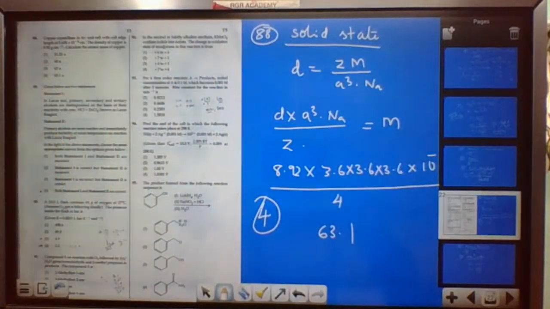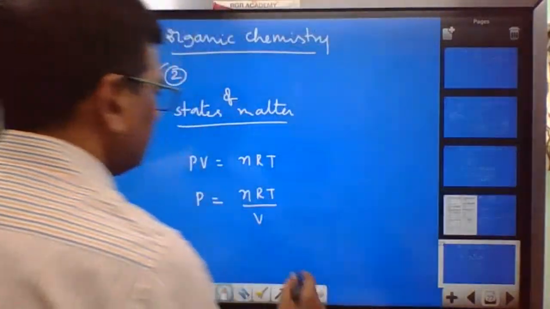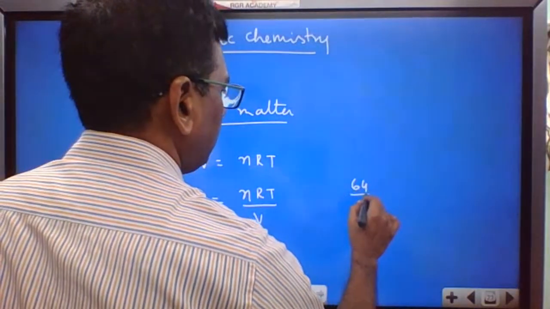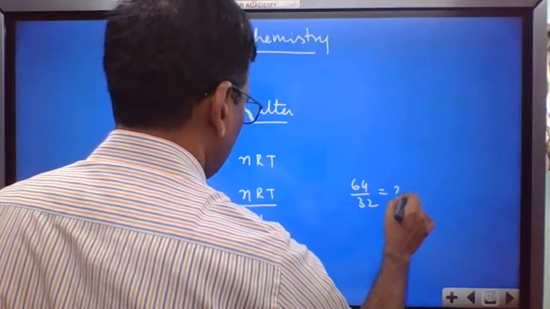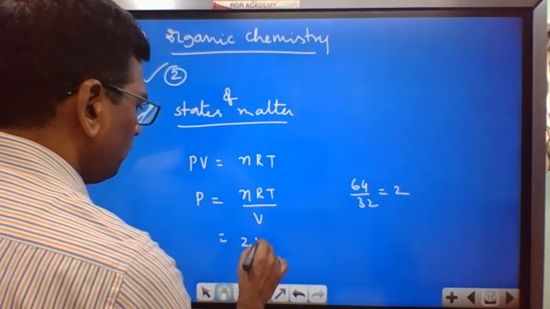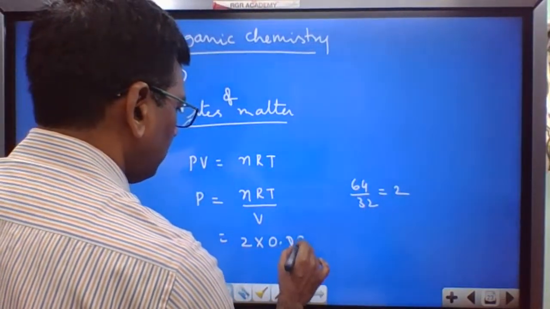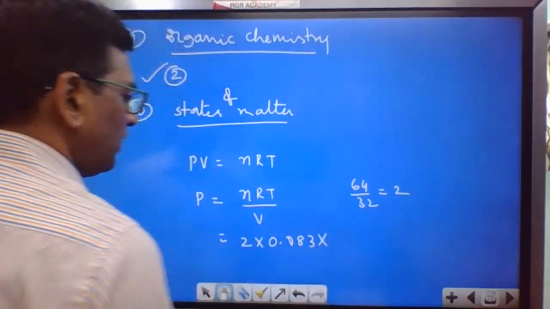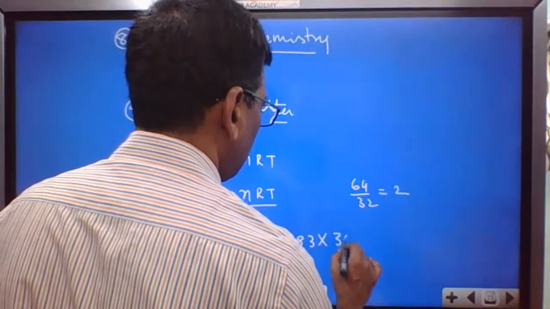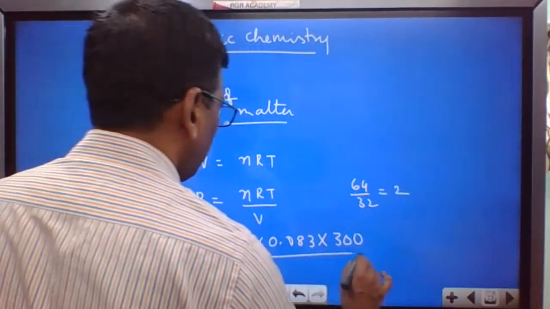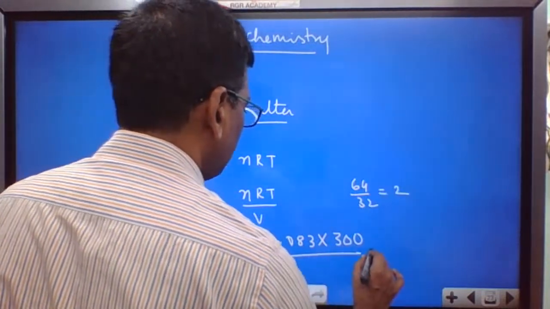So 64 grams of oxygen means 64 divided by 32, that is equal to 2 moles. 2 into 0.083 into temperature, 27 means 300 Kelvin, divided by volume they gave, 10 liters.